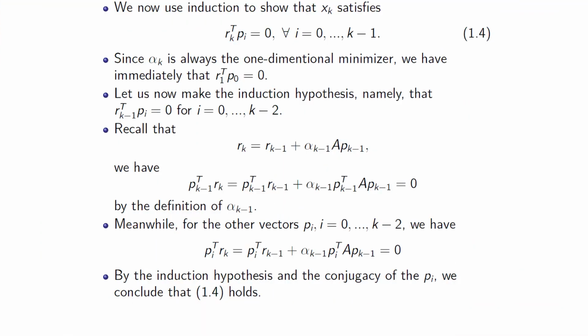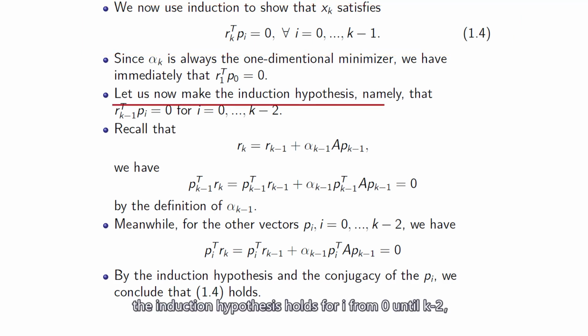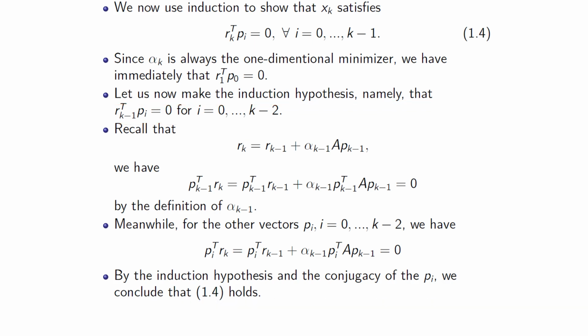To show this, we use induction, meaning that we first assume that the induction hypothesis holds for i from 0 until k minus 2, which means that this result holds for k minus 1, and we only need to prove that when this result comes to k, it holds as well. All right, so this is the induction way to show the proof. Now, let's take a look at how it works.